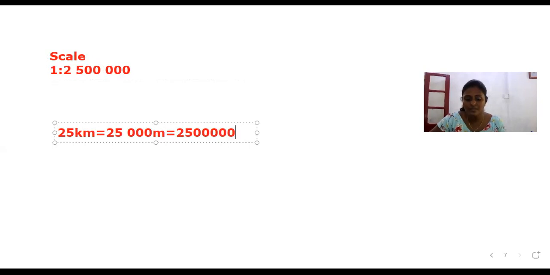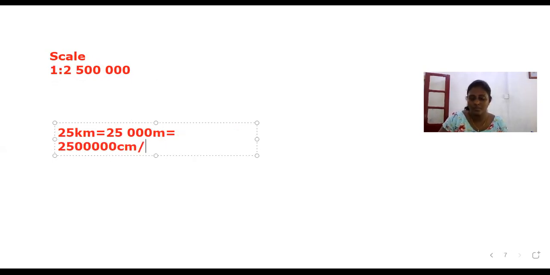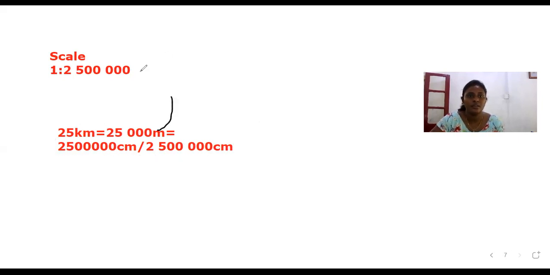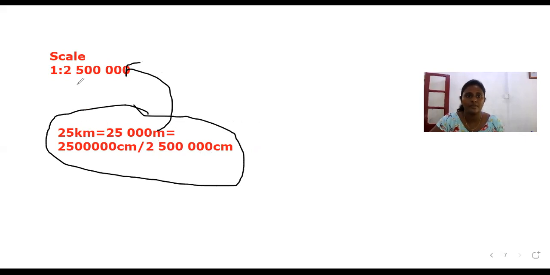Then 00 is added, so this is 2,500,000 centimeters. That's what I have taken here. Hope all of you understood. You have to know these unit conversions. It is a must. Right. This is some extra part I have just shown you. So that's enough of writing the scale.